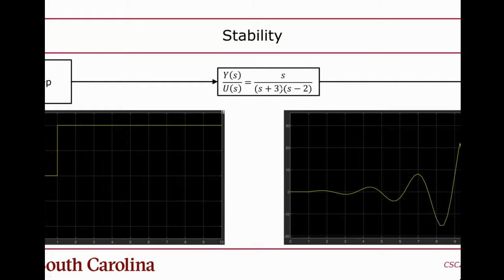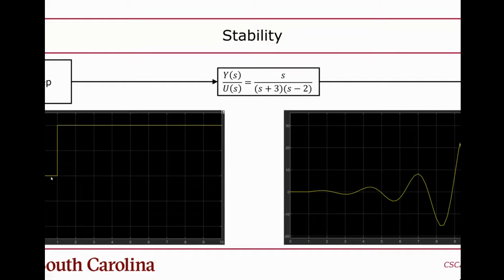Then you drop down a transfer function and tell it what the coefficients of the polynomial are for the numerator and the denominator in the S domain. And then on the other side, you can put a scope. So I attached a scope to the output of the transfer function, and I attached a scope to the output of the step function, which I'm not showing here, but I'm showing the results of the scopes here.